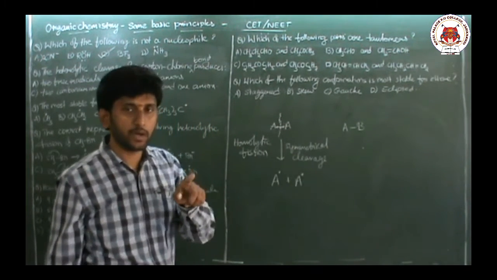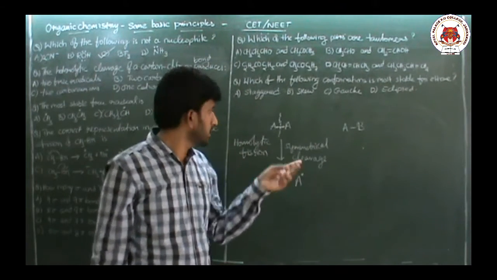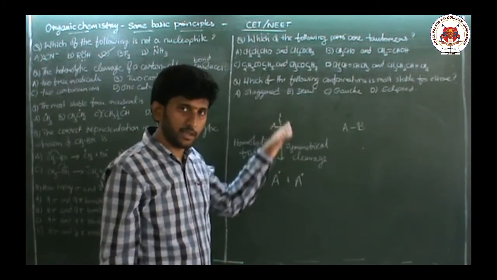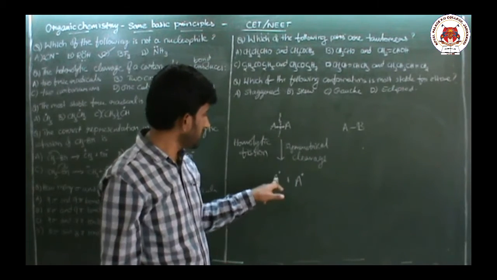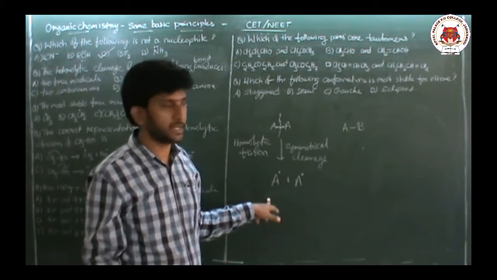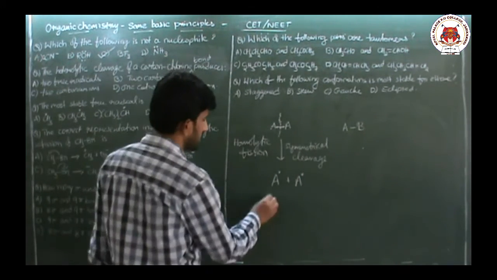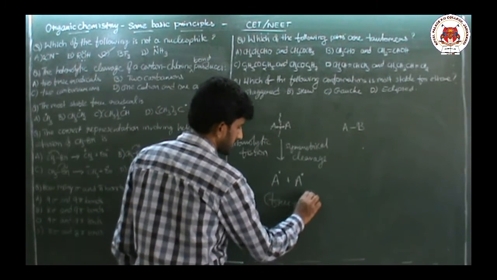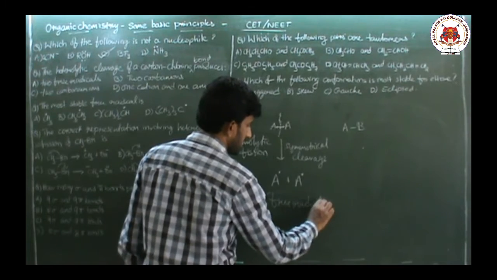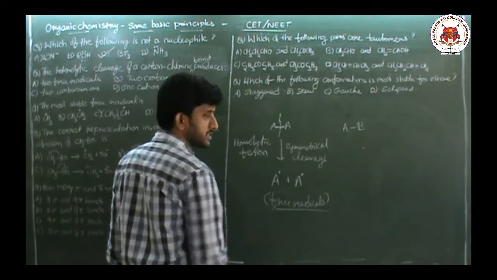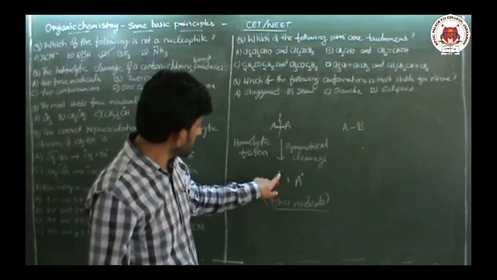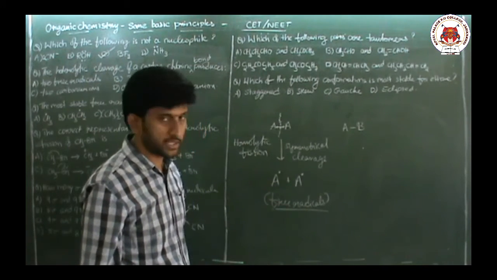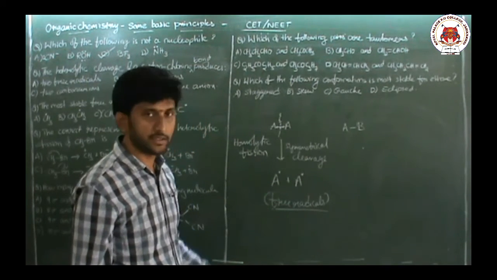So a bond is formed by two electrons. If it cleaves symmetrically exactly in the center, then each atom gets one electron. Then such type of species are called free radicals. What are free radicals? The elements or molecules or atoms that carry single unpaired electrons on them are called free radicals.